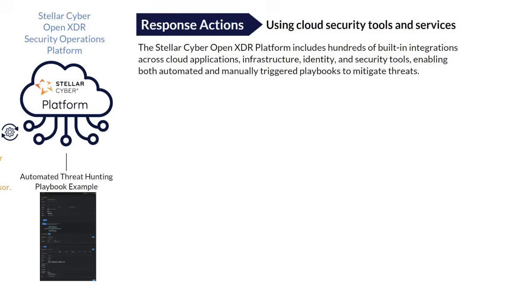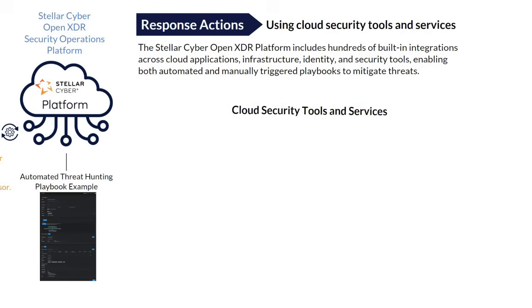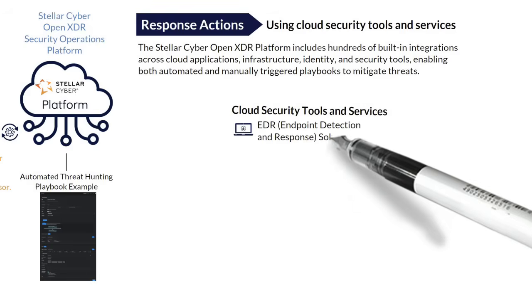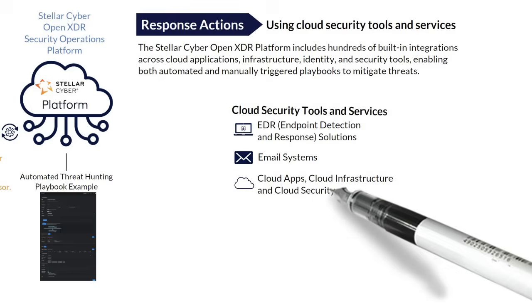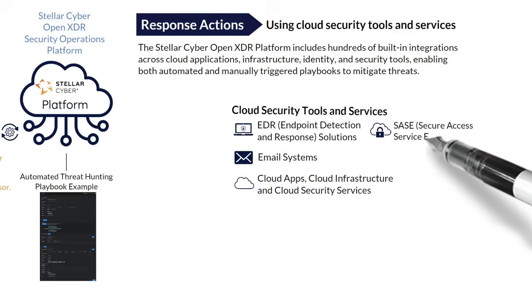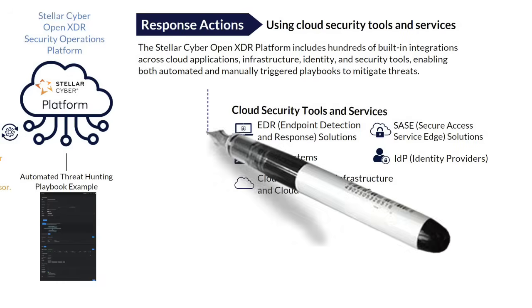As an Open XDR platform, Stellar Cyber includes pre-built integrations with a wide range of cloud security tools and services, including EDR endpoint detection and response solutions, email systems, cloud apps, cloud infrastructure, cloud security services, SASE secure access service edge solutions, and IDP, identity provider solutions, to name a few.